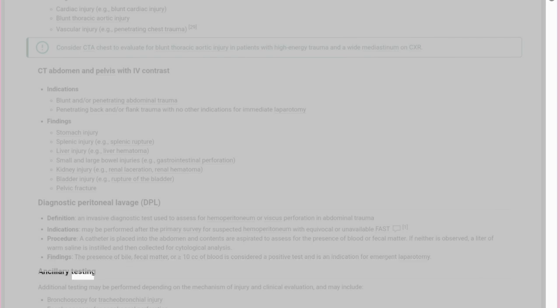Ancillary testing. Additional testing may be performed depending on the mechanism of injury and clinical evaluation, and may include bronchoscopy for tracheobronchial injury, esophagoscopy for esophageal perforation, assessment for features of GU trauma, for example using CT urography, retrograde urethrogram for renal, ureteral, and urethral injuries, and echocardiography for blunt cardiac injury.